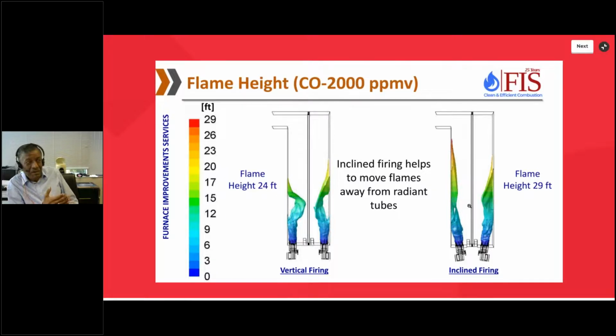The flames can be as far away from the tubes and you will still receive the heat transfer. In fact, you will receive better heat. The farther the flames are, the better heat transfer you will have. So that's the basic concept: keep the flames away from the tube. Very simple concept. It can be done using your existing burners; you don't even have to change the burners.